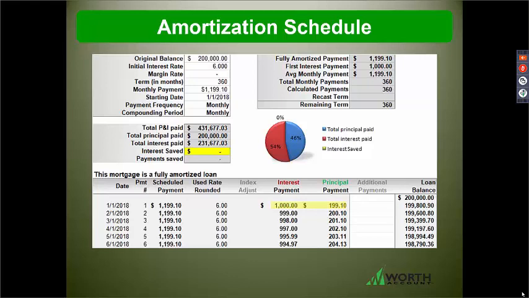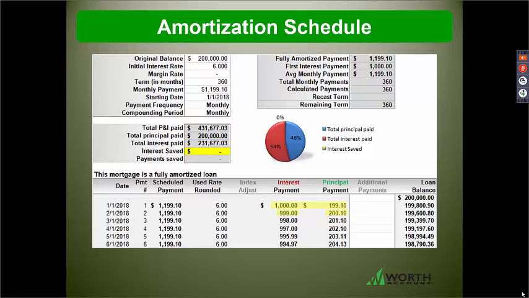Our principal is $199.10, and our interest is the $1,000 right next to it in the interest column. Our next monthly principal payment is $200.10. Our next interest payment is $999.